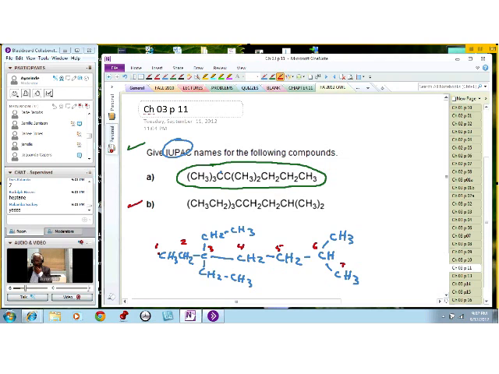Would that be correct? 3,3-diethyl. Because ethyl comes before methyl, and then 6-methyl, heptane.